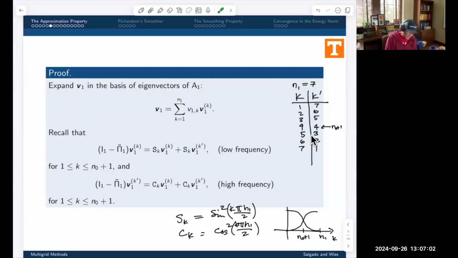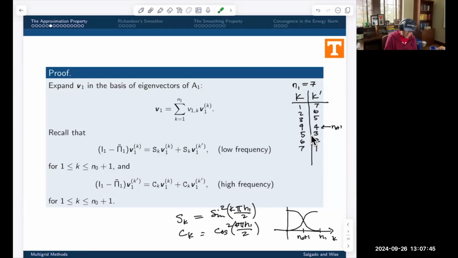If k is equal to 1, then this sk is very close to 0, and this one mode, this very low frequency mode, gets returned to another low frequency mode, but with a coefficient which is very close to being 0. But it also returns something which is small and in the high frequency range. In fact, if this is k equals 1, then this is the highest possible frequency. So k equals 1 corresponds to k prime being the highest frequency. So I still make a small error in this one, and it adds a new mode which is in the high frequency range.